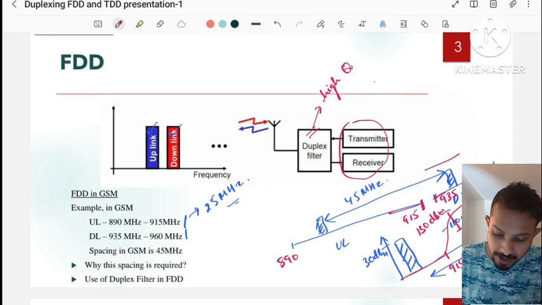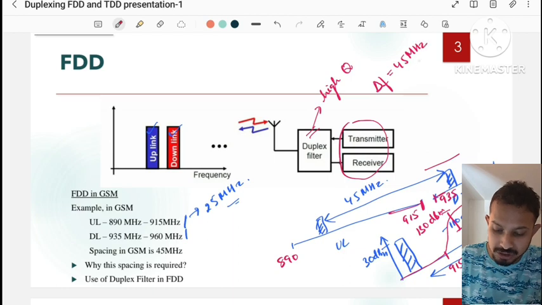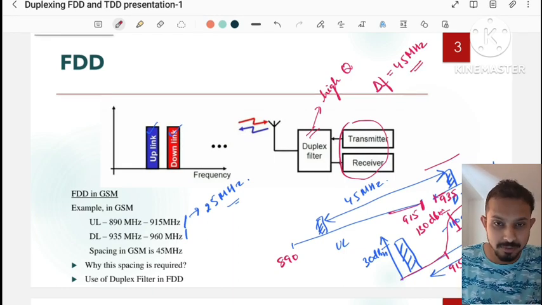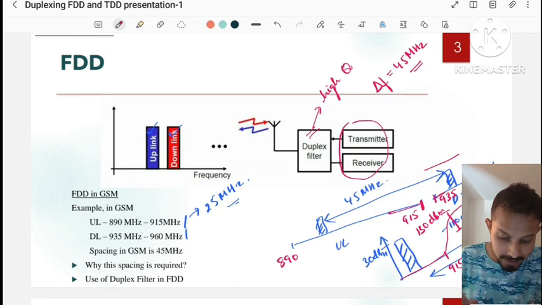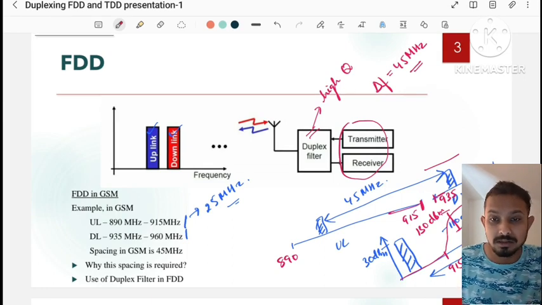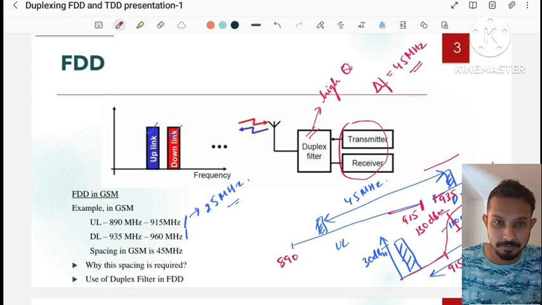Therefore delta F is kept at 45 MHz to make sure that the Q factor of the duplex filter is manageable, so that the component is not too large. So finally, in FDD the duplex filter is a bulky component that protects and prevents the RF chain from the transmitted chain, and we must be very careful in designing the duplex filter.